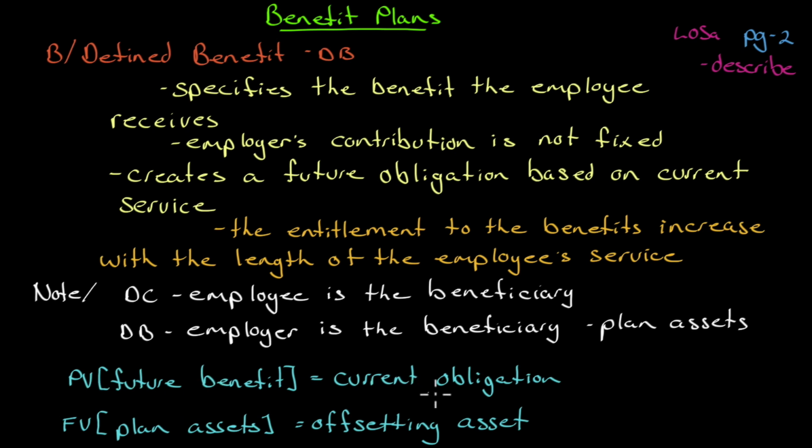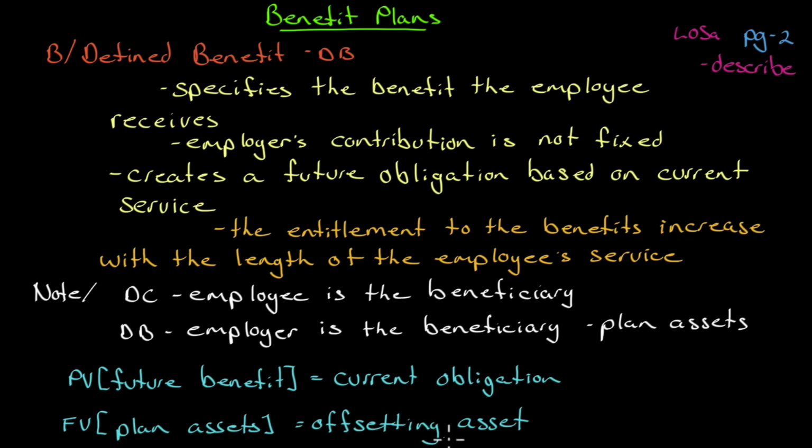That is, if the company could put away that much money and it could grow at a specific rate, or some assumed rate, it would meet that future benefit. To do that, the company puts away money into a plan, and the fair value of the plan assets is the offsetting asset. So at any given time, there is a current obligation representing the future value of everything they've got to pay in today's dollars.